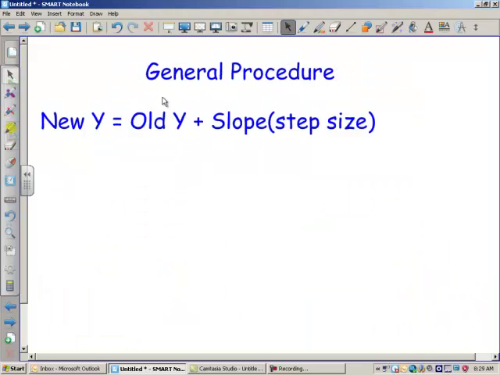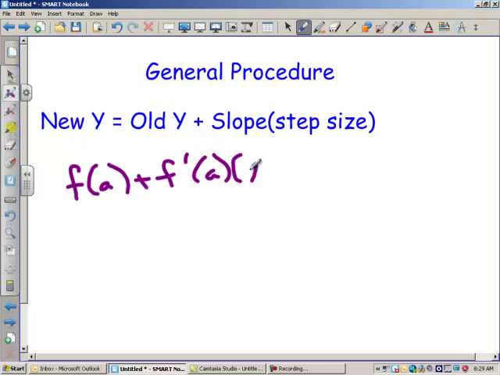Well, let's actually look at the general procedure. We know from our old tangent line equation that f of a plus f prime of a times x minus a is equal to our tangent line equation, our T of x.